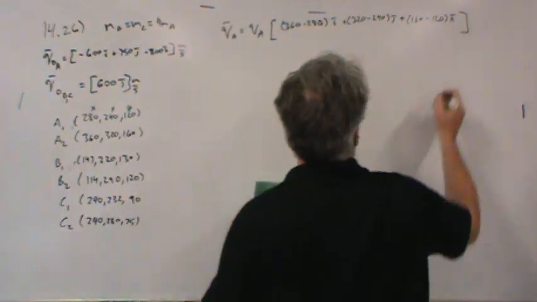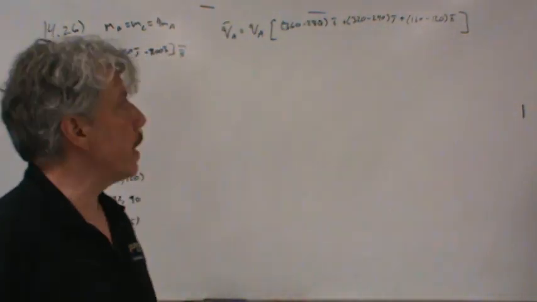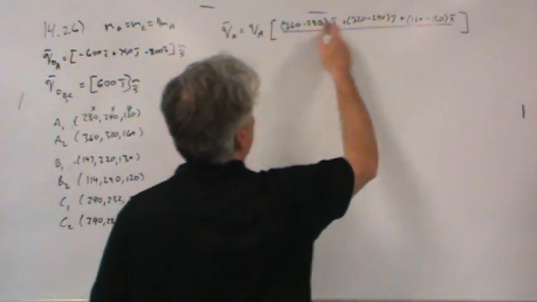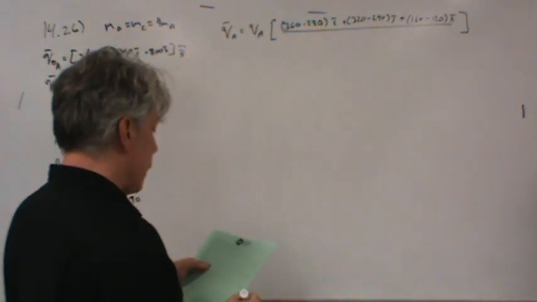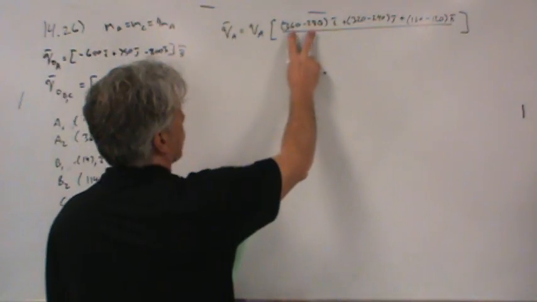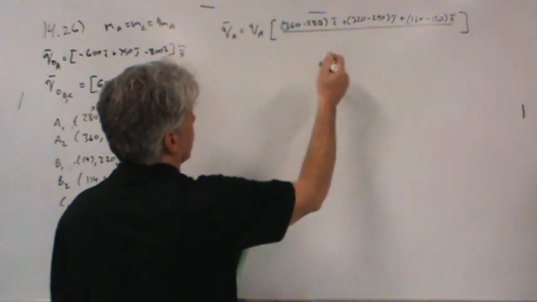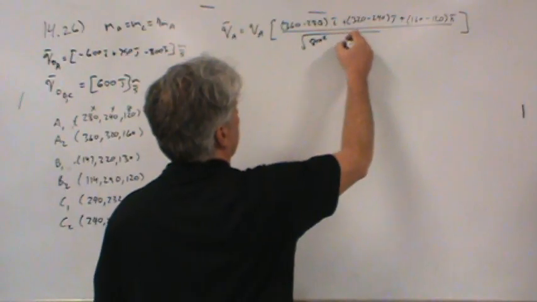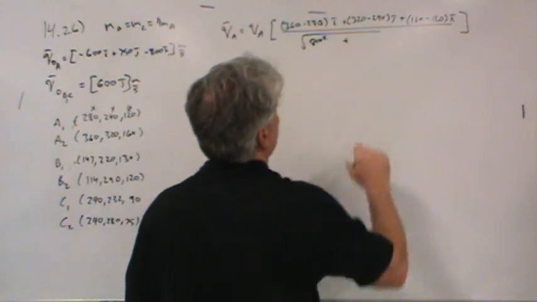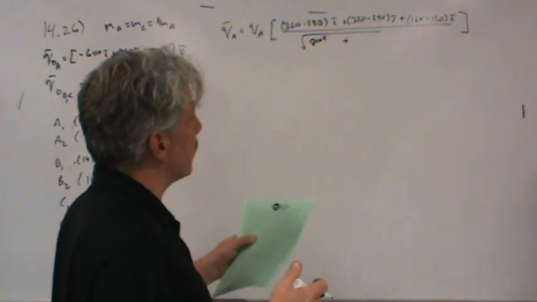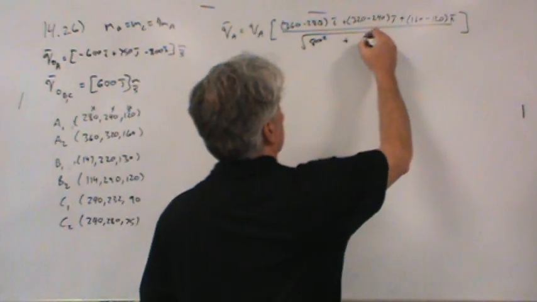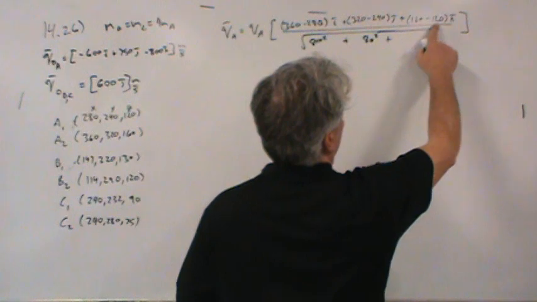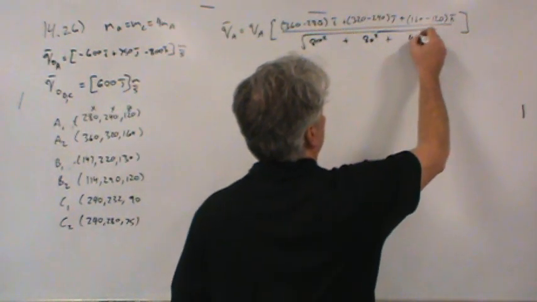Now this is not yet a unit vector, but it does point in the right direction. To make it a unit vector, I will have to divide by the magnitude of this. So what I'll have to do is take the difference between these 2. Well, the difference between 360 and 280 is just 80. I'll take 80 squared. The difference between 320 and 240 is again 80, so 80 squared. And then the difference between 160 and 120 is just 40, so that's squared.